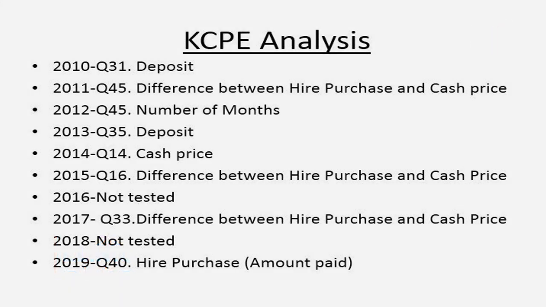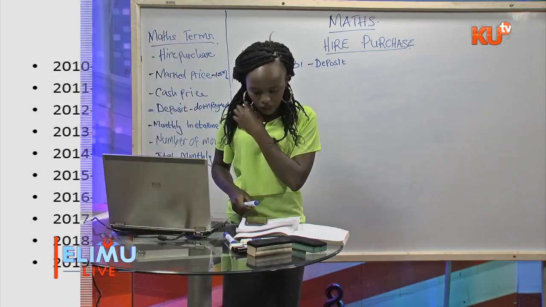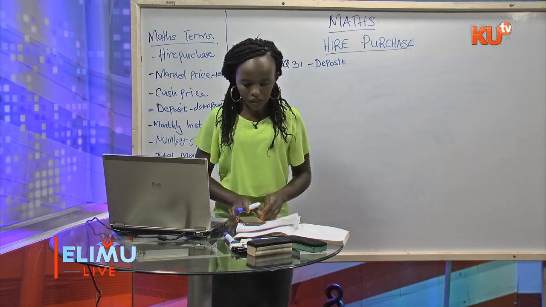Then in 2018, they didn't test hire purchase. And then lastly, last year, in question 40, they asked about the hire purchase, whereby they were asking about the amount paid. And in that question, one was supposed to get the hire purchase.